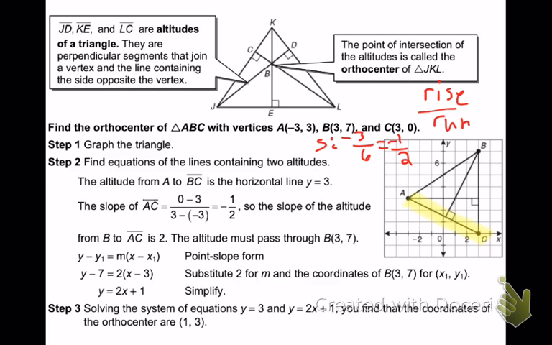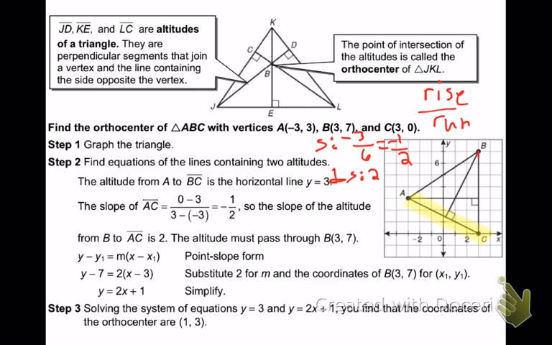negative 1/2. Now, remember, perpendicular means opposite reciprocal slopes. So if my slope is negative 1/2, what's the perpendicular slope going to be? Positive 2. So from this highlighted line here, I need to do a slope of 2 from the opposite coordinate.